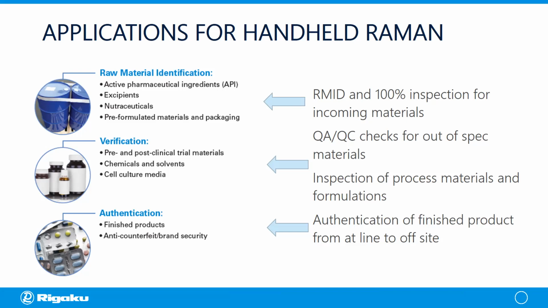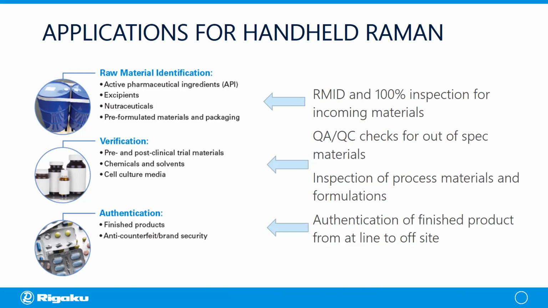So there are several areas through the manufacturing process where fast and accurate material identification and verification, as provided by a portable Raman system, can benefit the users. Specific applications include RMID, which is the first area of common use. It's at the warehouse floor where we have 100% inspection of incoming materials.